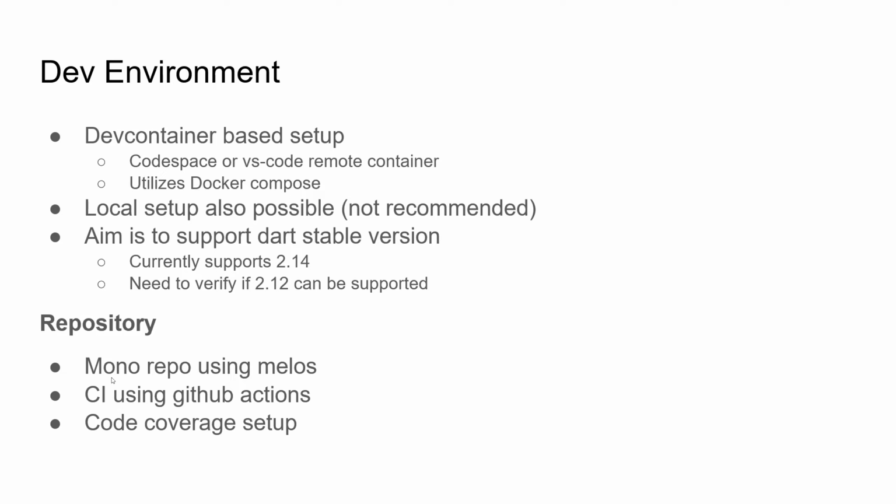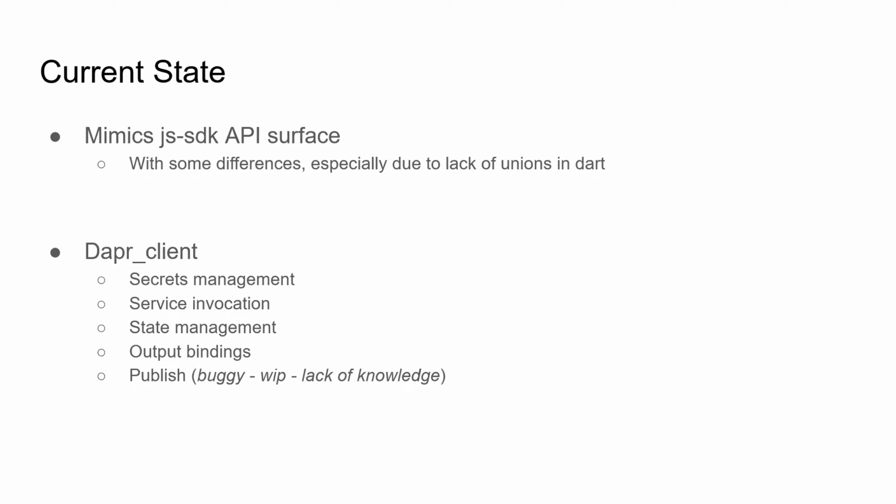I'm already using GitHub Actions for continuous integration like testing. Publishing and deployment are not yet set up, but definitely will be once the code is stable. To some extent code coverage is also ready, but I have to make sure that everything is working fine there. So that's about the development environment.